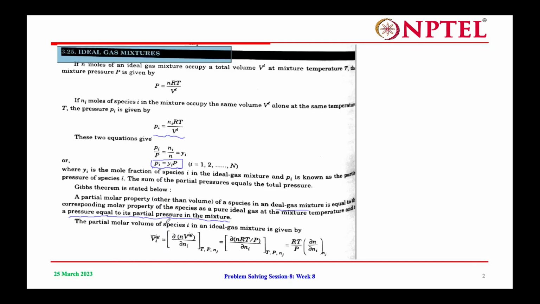The partial molar volume of species i in an ideal gas mixture is given by Vi^ig bar = ∂(nV^ig)/∂ni at constant temperature, pressure, and molar composition.